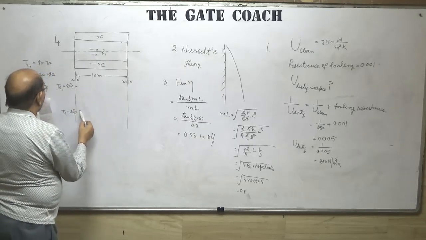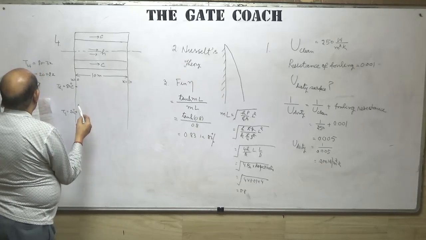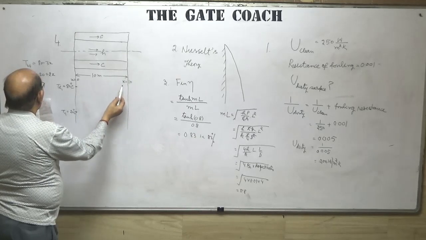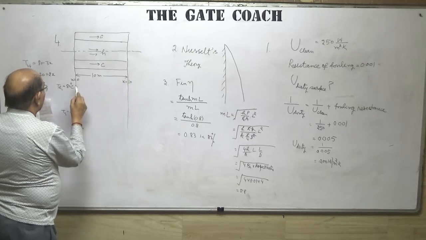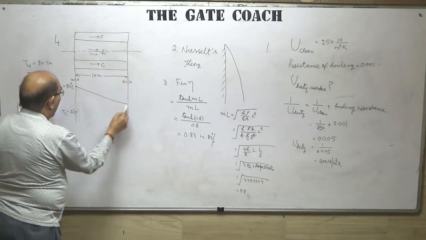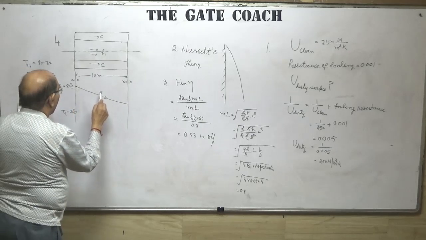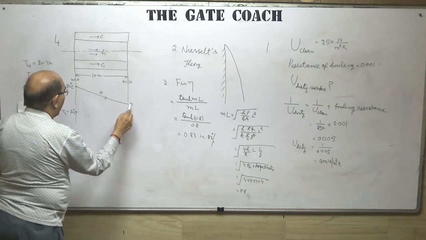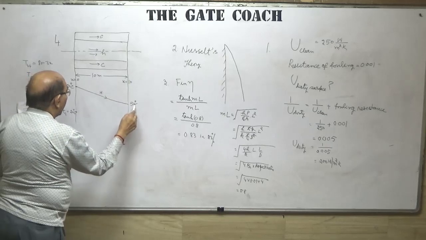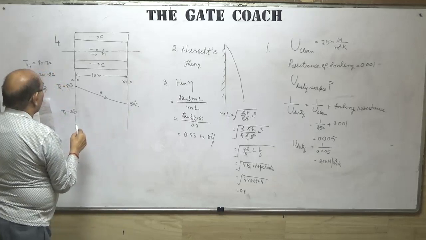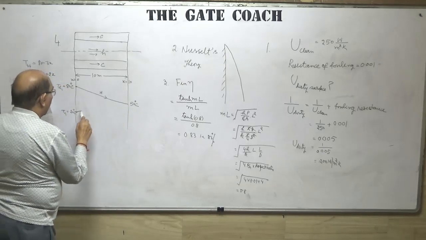For the cold fluid, the temperature shall keep on increasing. So when x is 10, Th becomes 80 minus 30, that is 50. And for cold fluid, it will become 20 plus 20, 40.